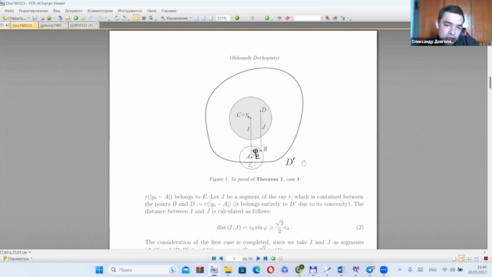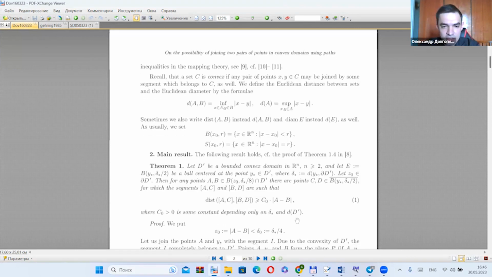So the sine of this angle is greater than or equal to square root of 2 divided by 2. As we see, we can set C0 equal to square root of 2 divided by 2 to satisfy this inequality 1.